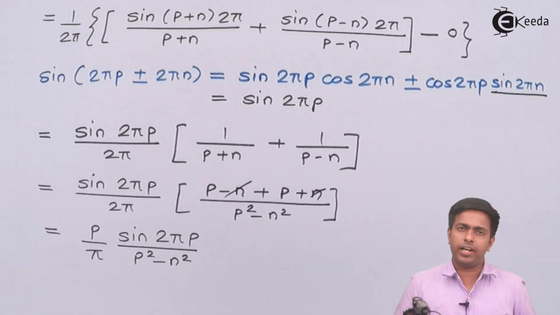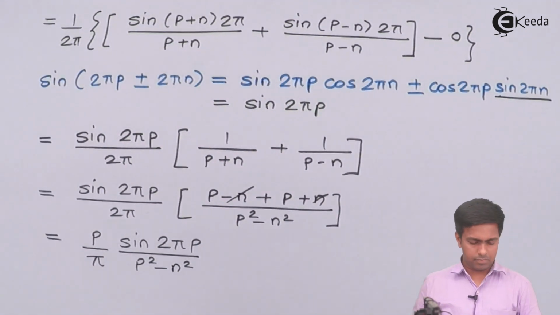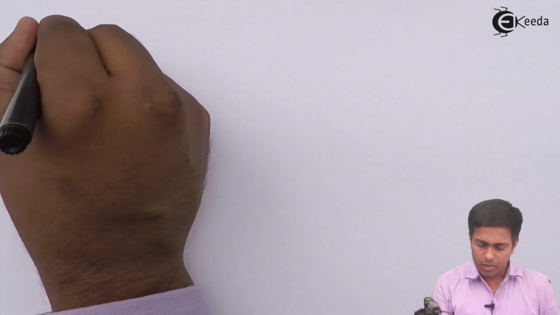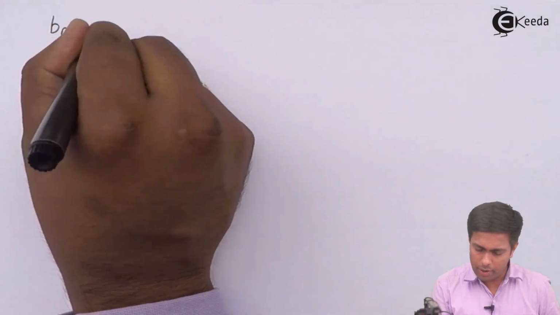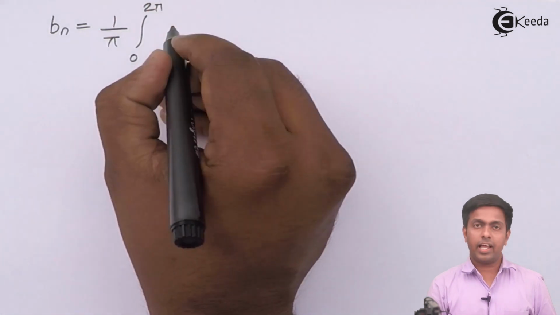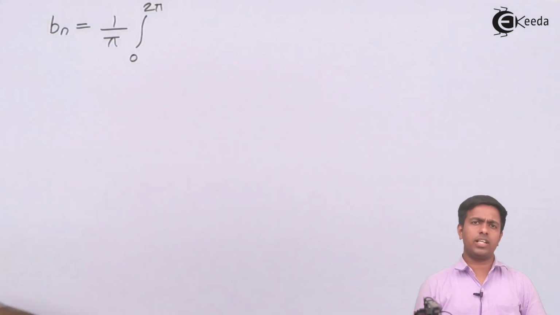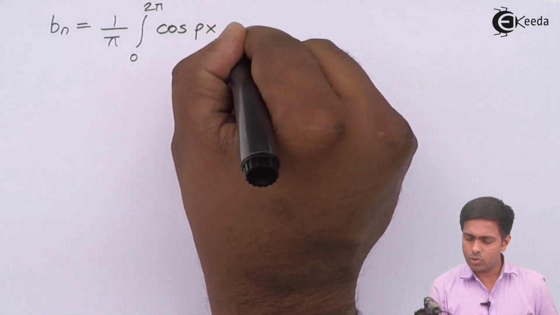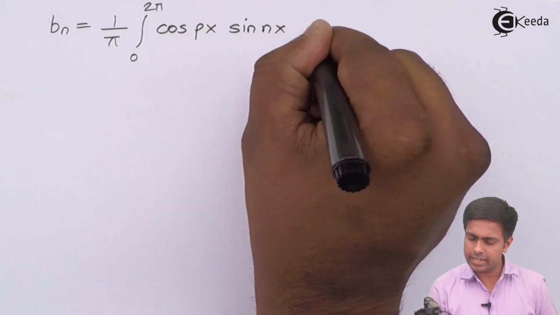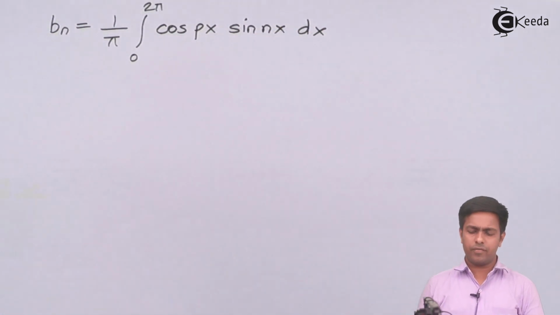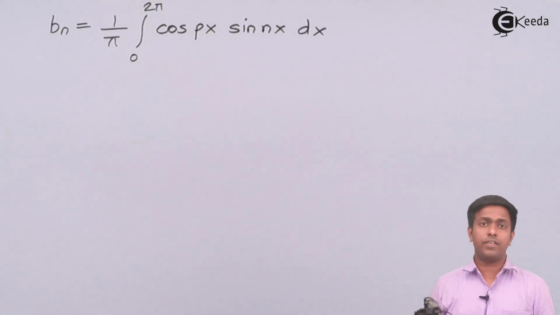Now next we'll find out the value of bn. The formula for bn is bn equal to 1 by pi integration 0 to 2 pi f of x sin nx dx. Now what is f of x? F of x is cos of px. Now guys, how to evaluate this integration? It's simple, we have to use here the formula of defactorization.